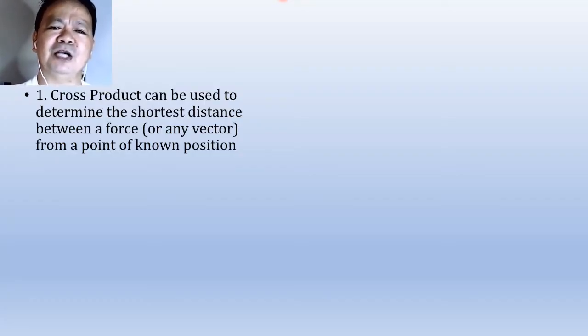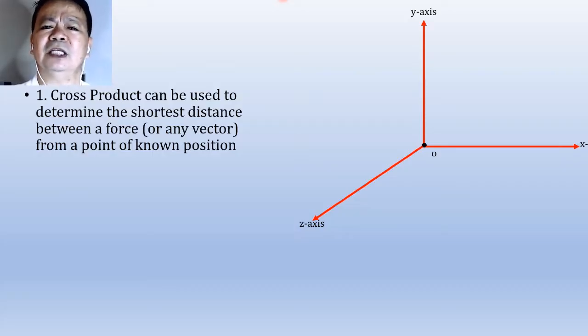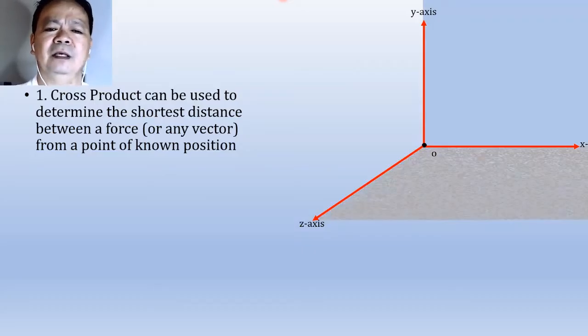So let us imagine that we have here three mutually perpendicular axes with the intersection as the origin, and these are the directions of the x, the y, and the z-axis. So let us distinguish the different planes such that we consider this as our xy plane, this as our xz plane, and this as our yz plane.